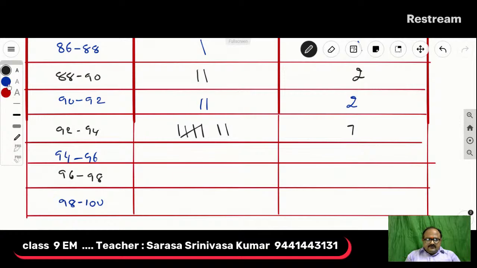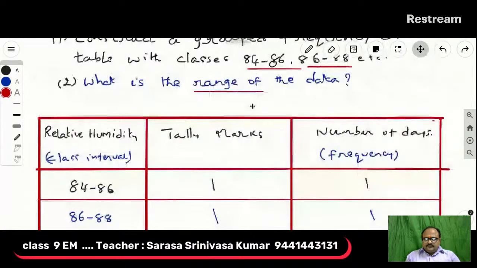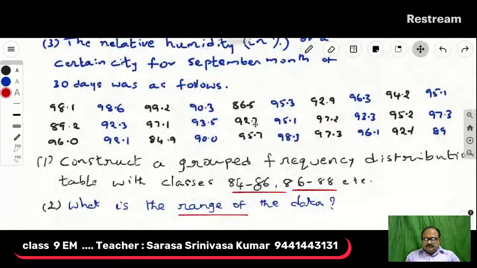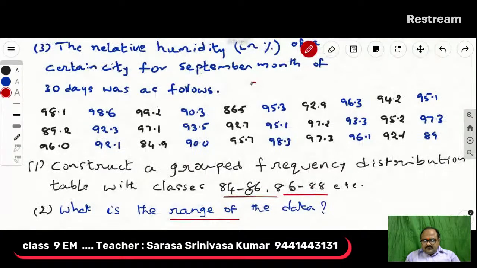Now we consider the class interval 94 to 96. Here I write 94 to 96 class interval.